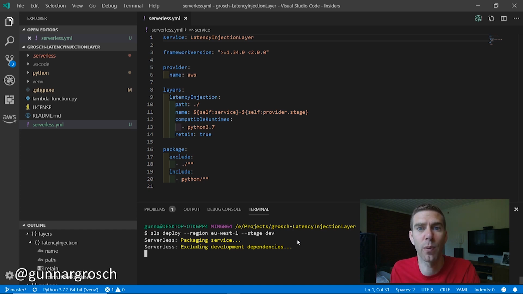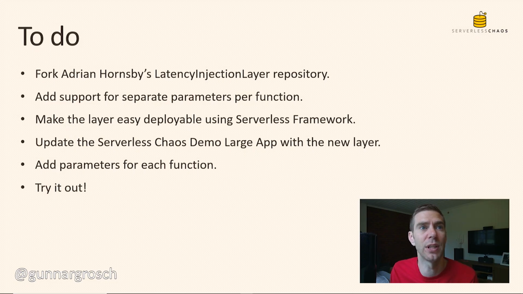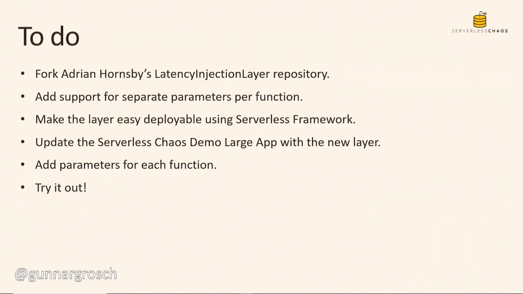So while we're waiting for that to finish up, let's jump over to our to-do list to see where we're at on that. So we started by forking Adrian Hornsby's LatencyInjectionLayer repository to be able to make the changes that we want. And in the code for that, we changed from having a hard-coded parameter name into using environment variables so that we're able to use separate parameters per function.